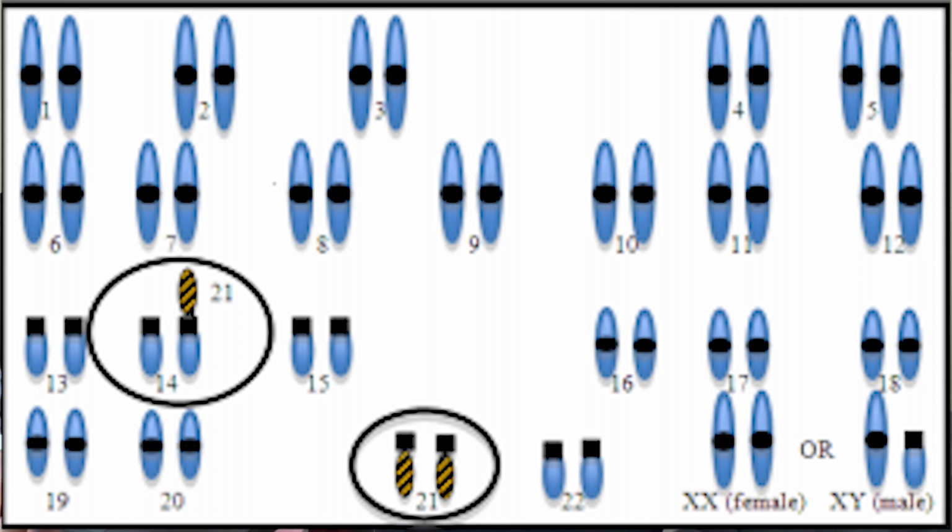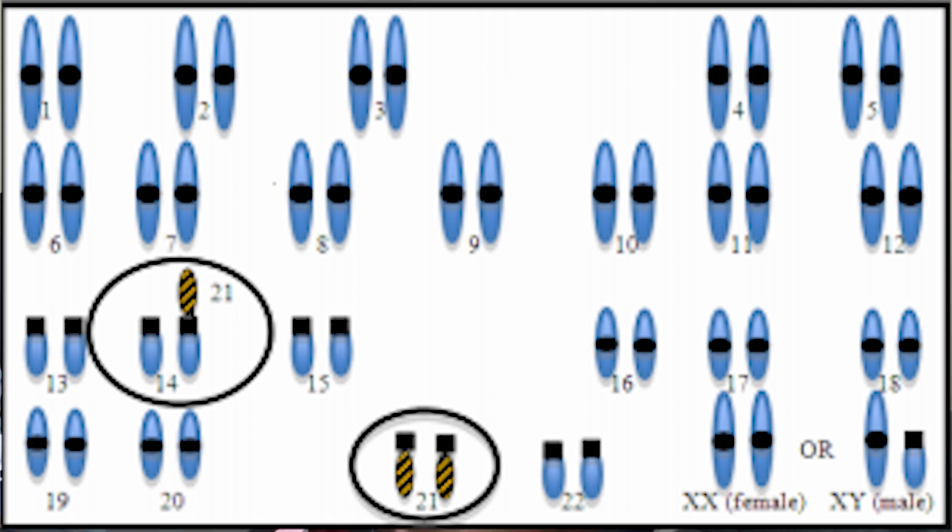That is why Down syndrome is also known as trisomy 21, because the chromosome on number 14 is supposed to be at 21. So there will be three of them, it will be trisomy 21.